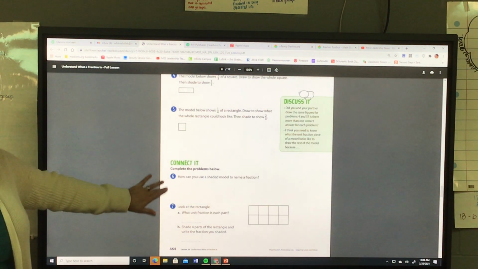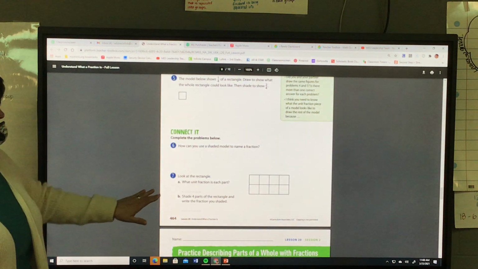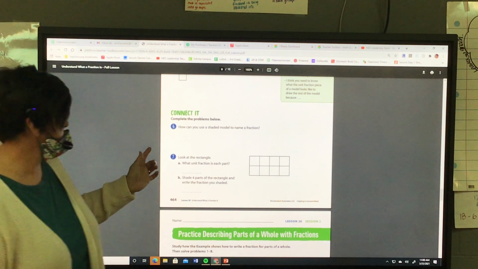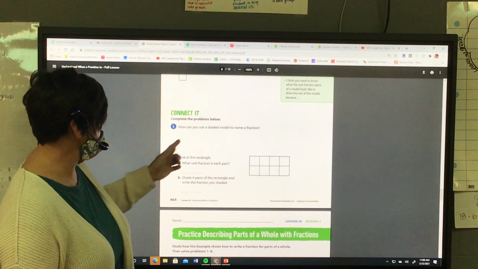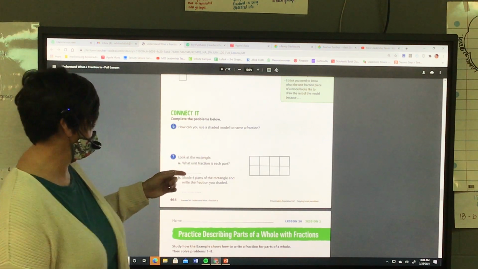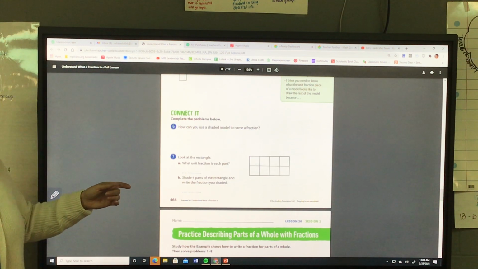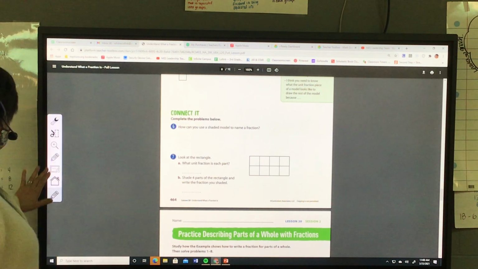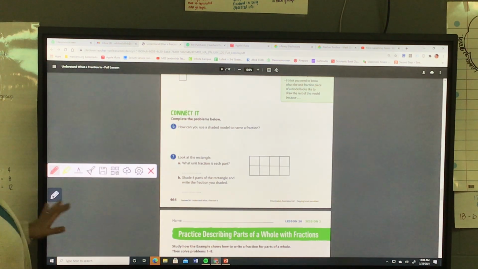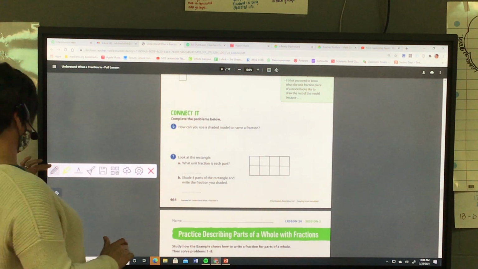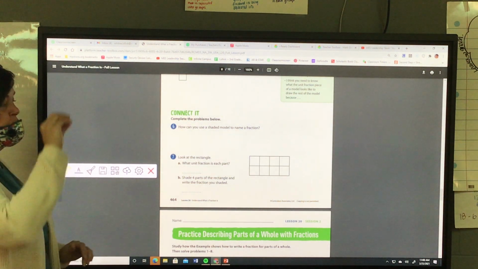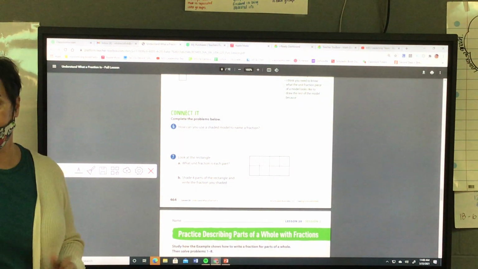All right. The next thing. How can you use a shaded model to name a fraction? Let's do this. I'm going to give you an example for this one. You can draw it on your paper, and then you're just going to write the fraction that we show.